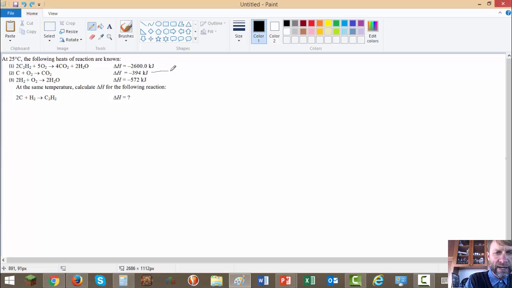So we'll multiply it by 2, and that's going to give us 2C plus 2O2 goes to 2CO2, and a delta H of minus 788 kilojoules.